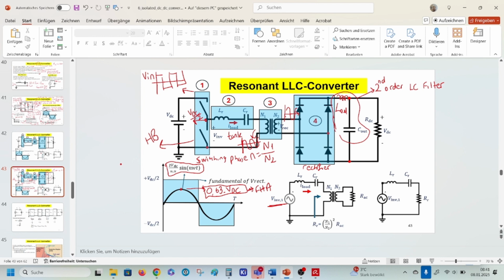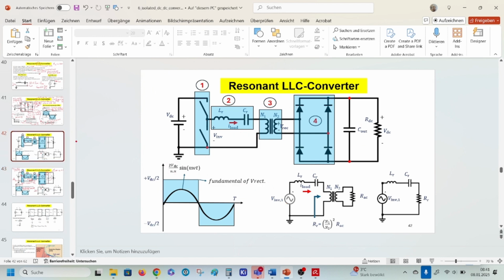That means the current flows in this direction during the positive half wave, and then again it goes back to the source. I didn't show it here, but these two switches shouldn't be turned on at the same time because I don't want to short out my input source.